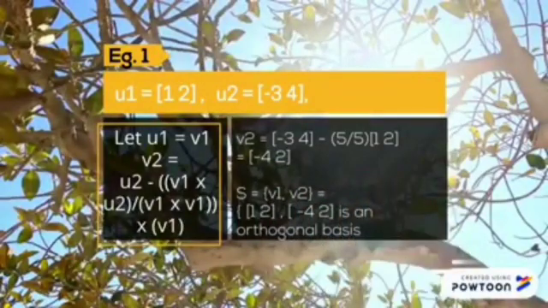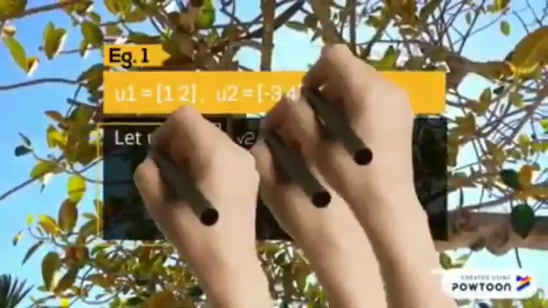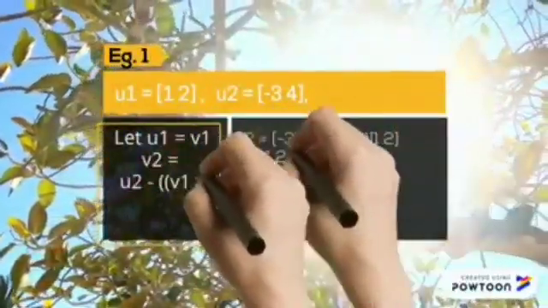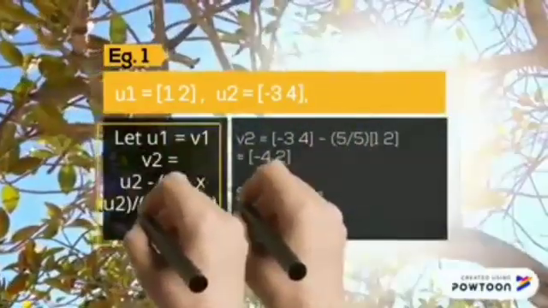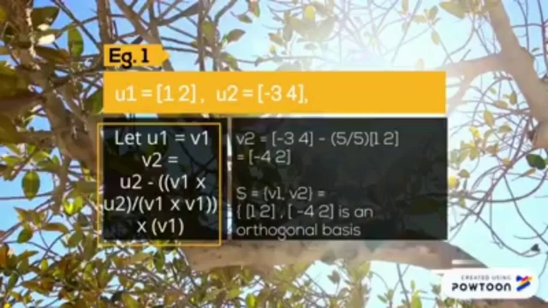So v2 equals the vector (-3, 4) minus 5 over 5 times the vector (1, 2), which equals (-3, 4) minus (1, 2). Thus v2 equals (-4, 2). Thus S equals {v1, v2} equals {(1, 2), (-4, 2)} is an orthogonal basis.